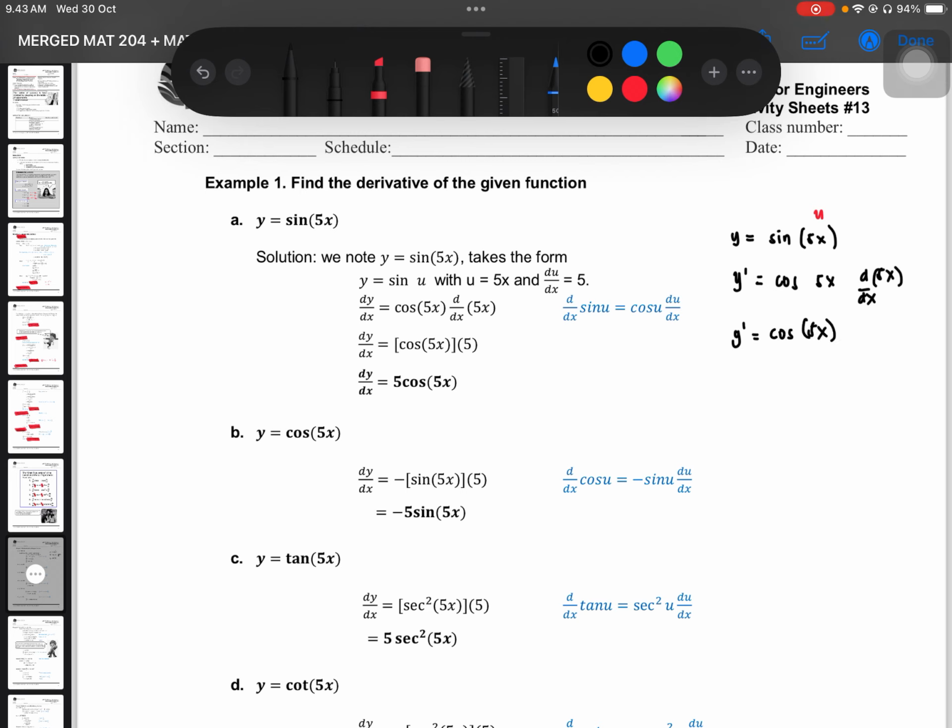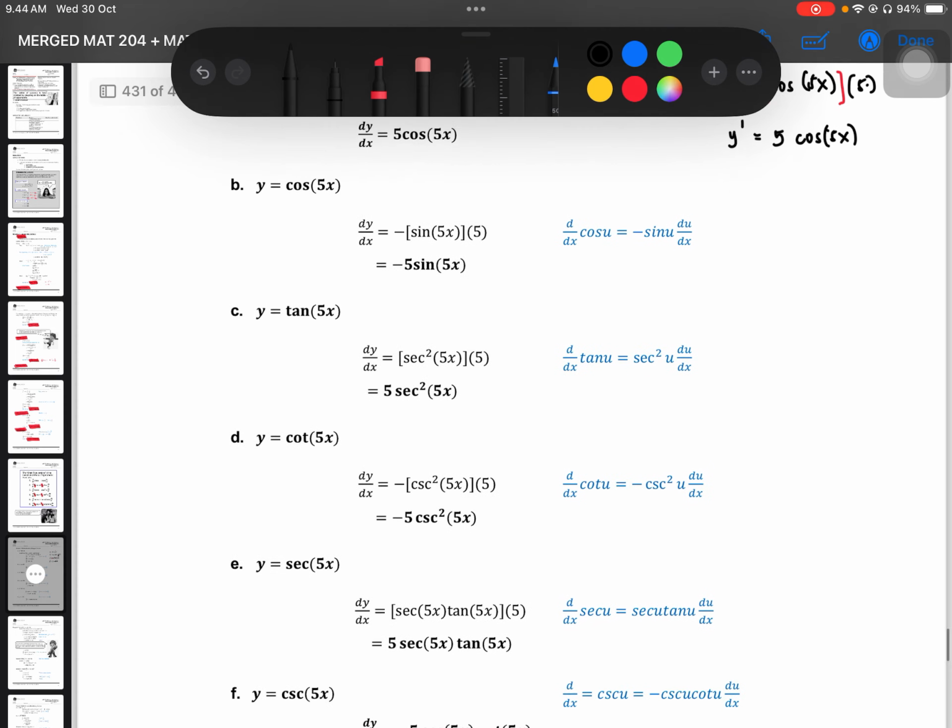Then, derivative of 5x is equal to 5. Okay. So, take note na hindi mo i-multiply si 5 kay 5x. Okay? So, i-multiply mo si 5 sa buong cosine 5x. Alright? So, what we are going to have is y prime is equal to yung 5, unahin natin as magiging constant na siya, 5 cosine 5x. So, that is now your final answer.